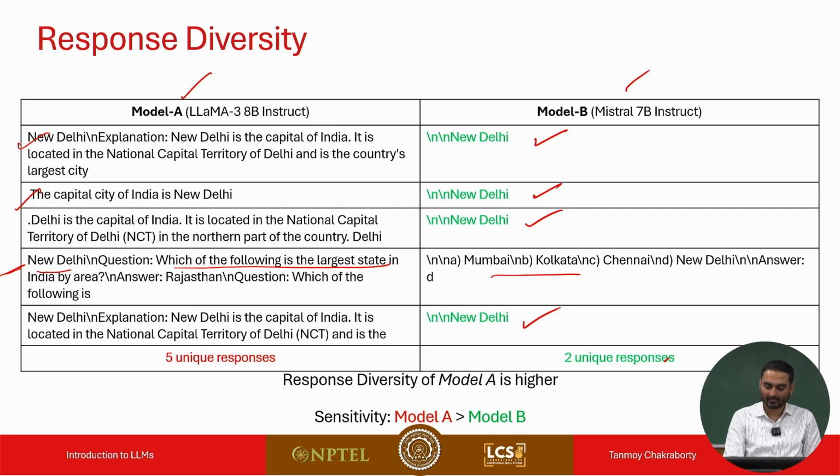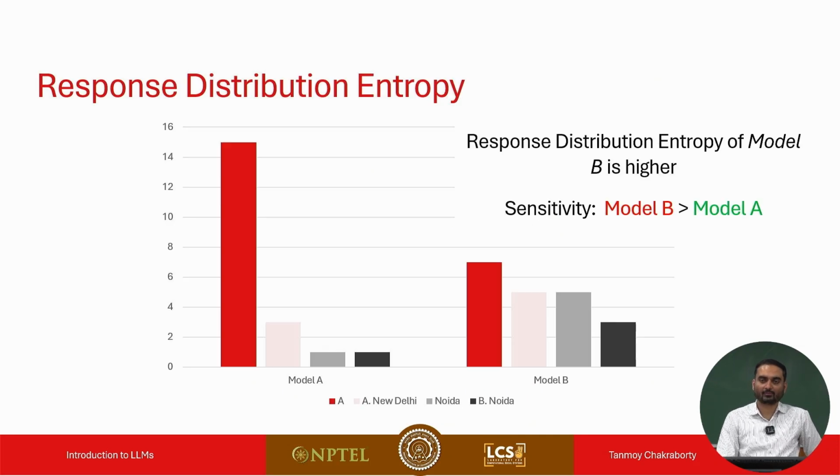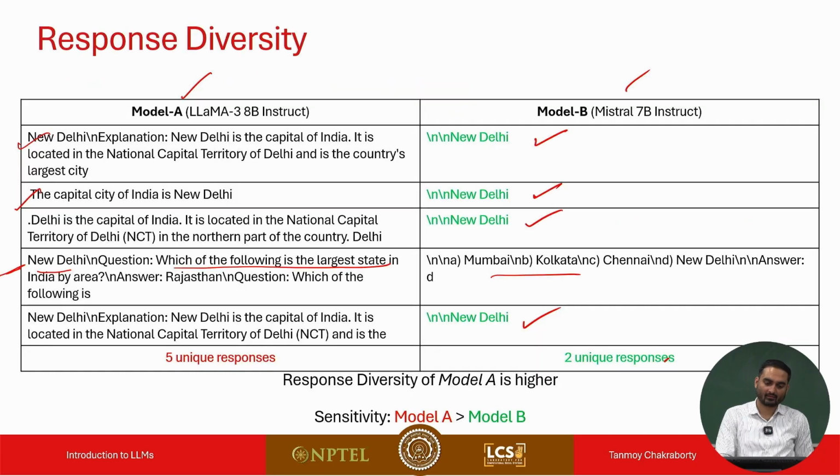So model B is more consistent than model A, and model A is more sensitive than model B. More sensitivity is bad. This is called response diversity.